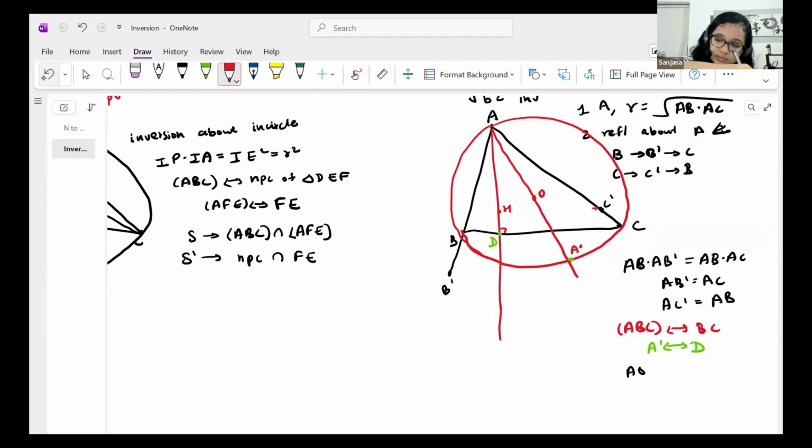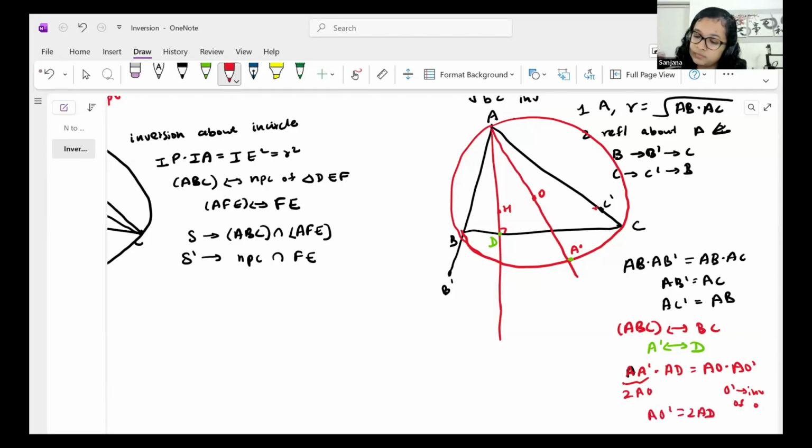So essentially, we know that AA dash times AD is equal to AO times AO prime, where O prime is the inverse. And we know that this is equal to 2AO. So cancelling, we know that AO prime is equal to 2AD, very similar to what we did before. So the inverse of O is the reflection of A over BC.